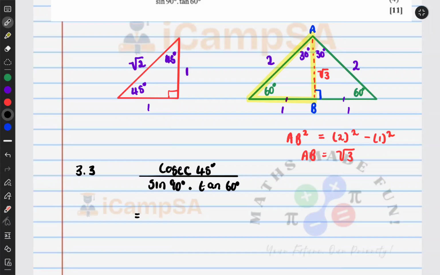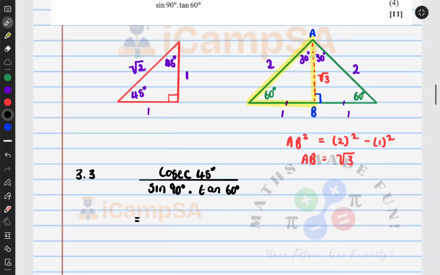So what is cosec 45? The hypotenuse side over the opposite side. In triangle A, the hypotenuse side is root 2 over the opposite side, which is 1.